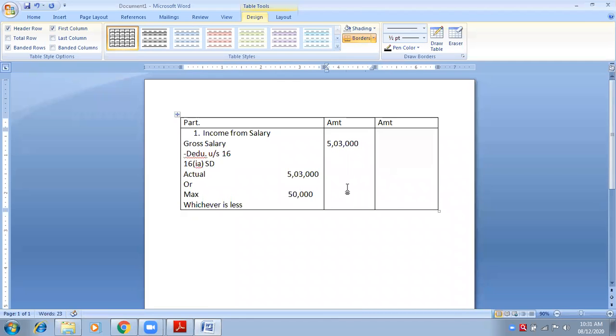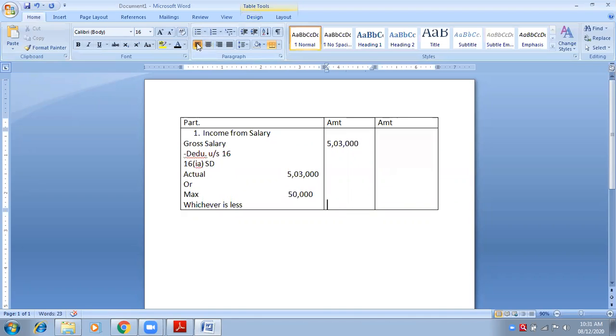Which amount is the least? 50,000 rupees. Because we need to deduct this, we put this amount into brackets, because this is a deduction. Now, the second deduction is 16. I will leave one line blank.